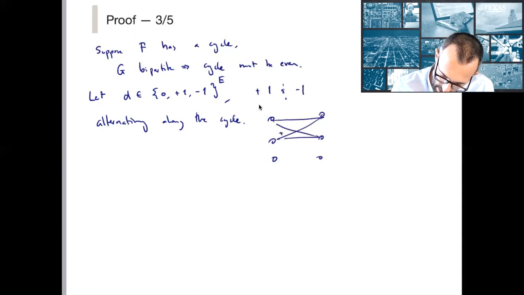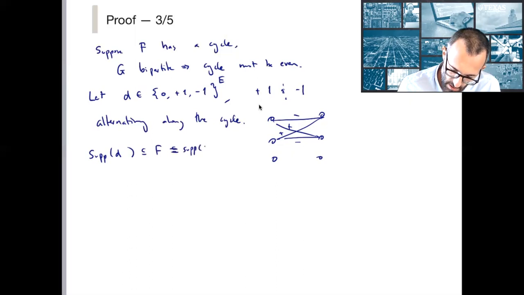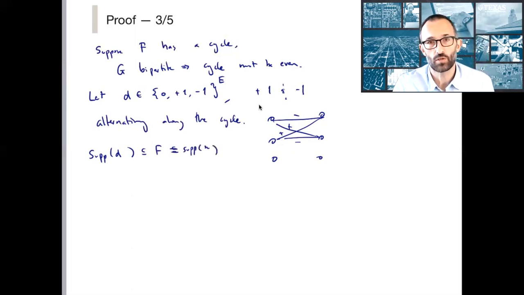And so it would be plus one, minus one, plus one, minus one along those edges of the cycle. Now, again, it also has to be on the support of F. So the support of D is certainly a subset of F, which is equal to the support of X. That means that every coefficient of D that's not zero coincides with an element of X that is strictly positive.